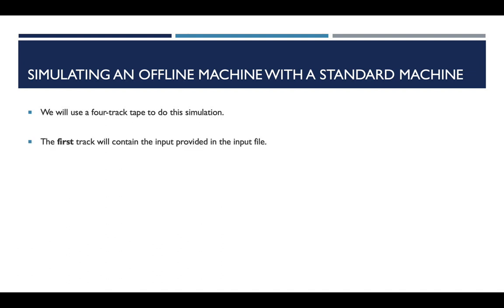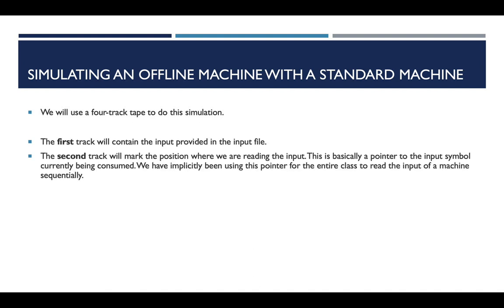So basically what we will do is we will take the input provided in the input file, and that will be simulated by the first track on the tape. And so in our standard Turing machine, we will locate all of the content that would be in the read-only input file for our offline machine, and we'll put all of that information into the first track. The second track is going to be used to keep up with the position that we are reading through the input.